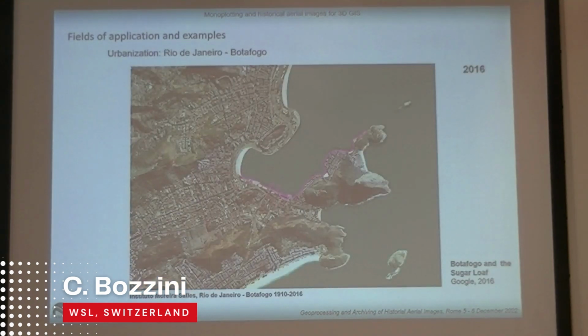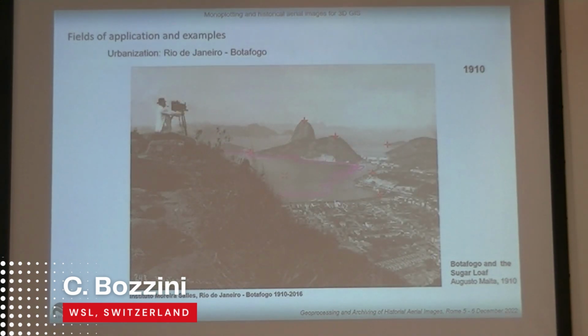The next example shows the evolution of the Botafogo area in Rio de Janeiro. This is the situation at present. Botafogo is this region. These instead are the current boundaries represented on a photograph of 1910.